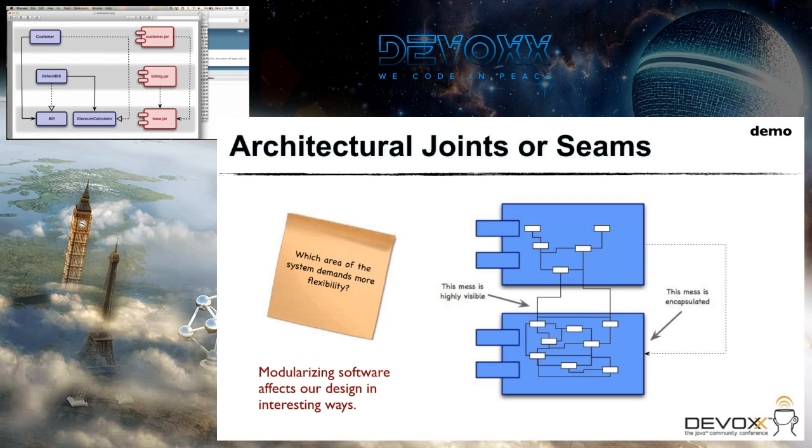In this situation here, customer and billing no longer have a relationship to each other at all. Now, if I weren't focused on designing a modular software system, I would not have much motivation whatsoever to introduce these abstractions that allow me to decouple things in the way that I have here.